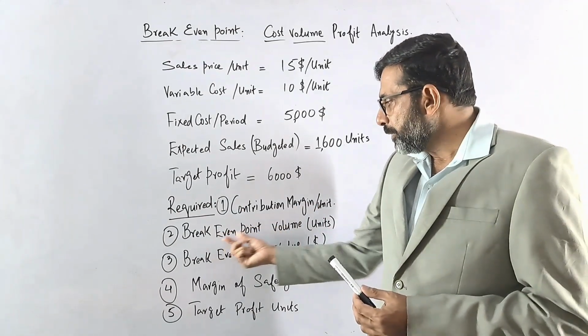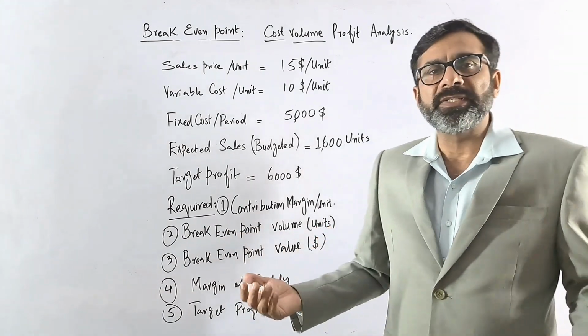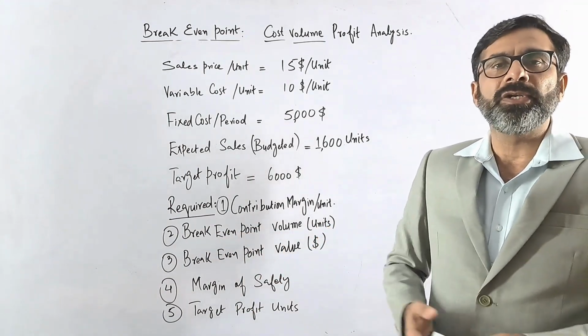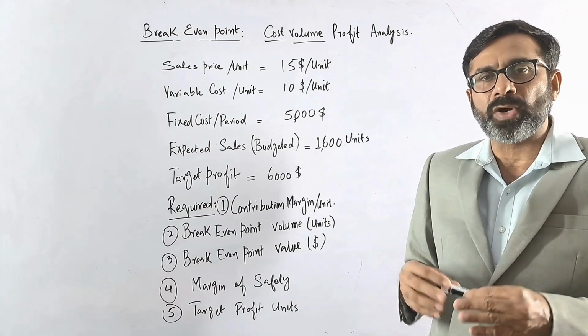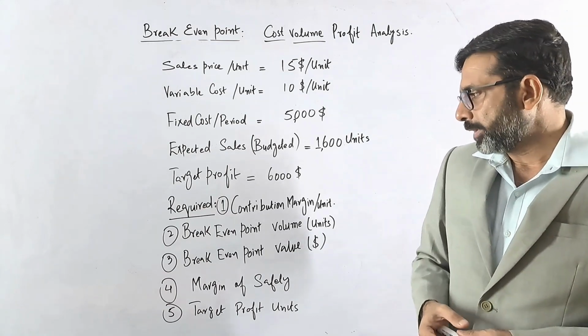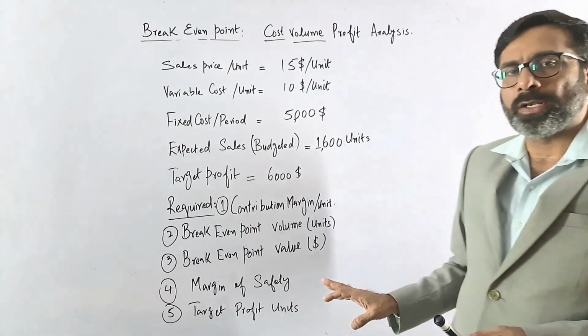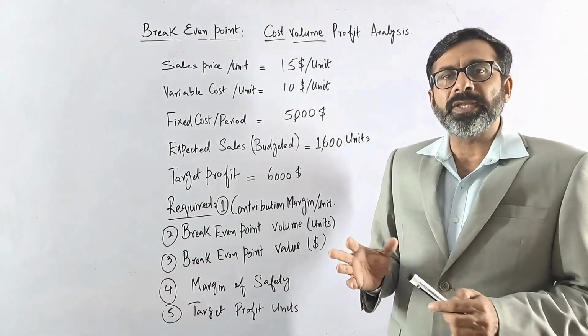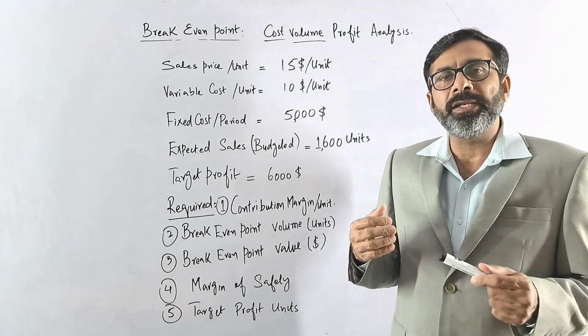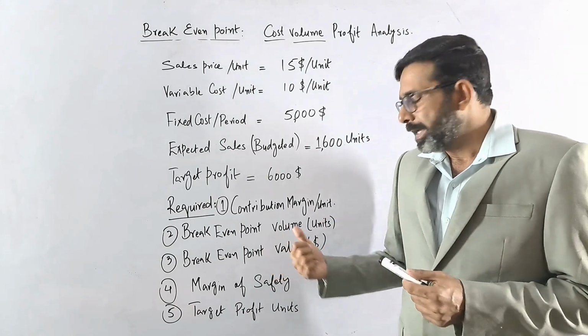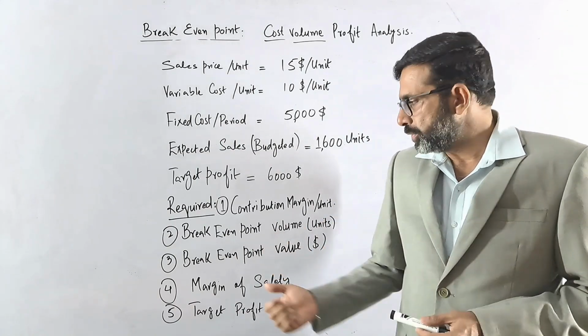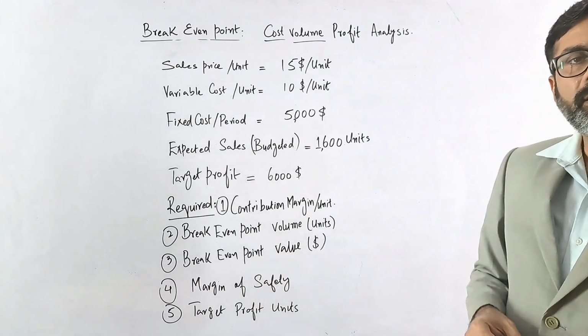The second is the break-even point in volume, in number of units, that is, how many units they have to sell to achieve the break-even point. The third is the break-even point in value, in dollars, meaning if we transform those units into value, what the value of those units will be.